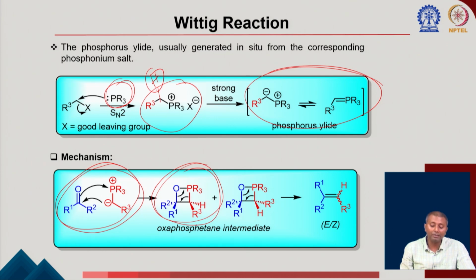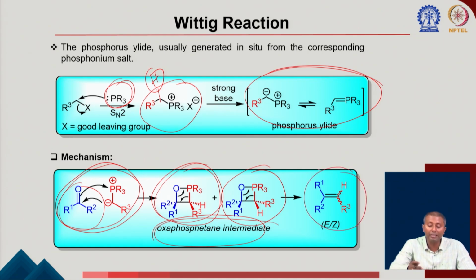Now the question comes, what type of oxaphosphetane are they going to form, threo or erythro? It is the very same problem we saw in the Peterson olefination. Remember, when the nucleophile attacks the carbonyl group, which face it attacks matters, because after the attack the next step is formation of the oxaphosphetane intermediate, and from there the corresponding olefin.